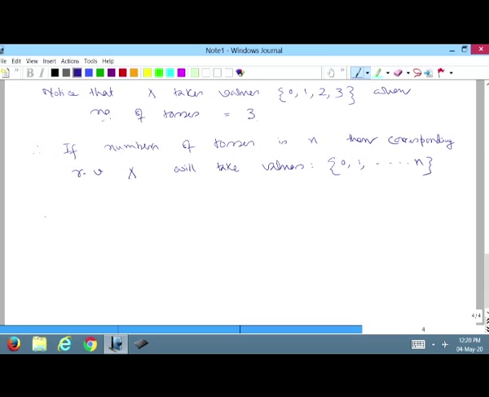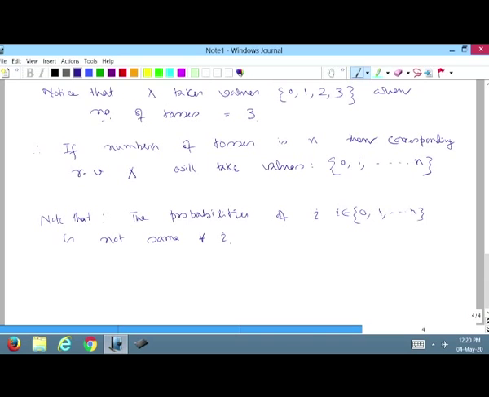Another thing, notice that the probabilities of i belonging to 0, 1 up to n is not the same for all i.